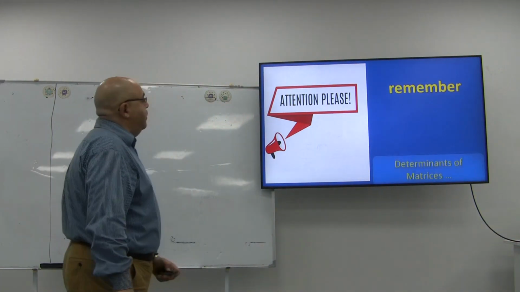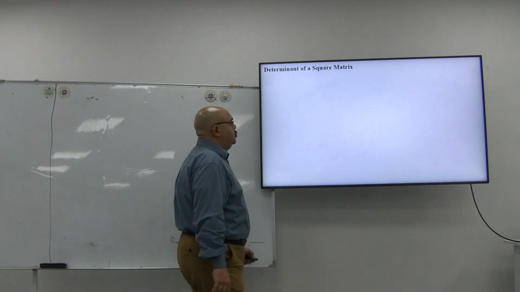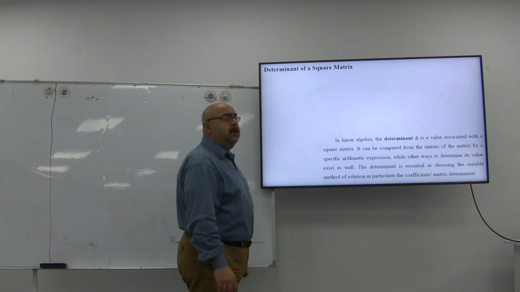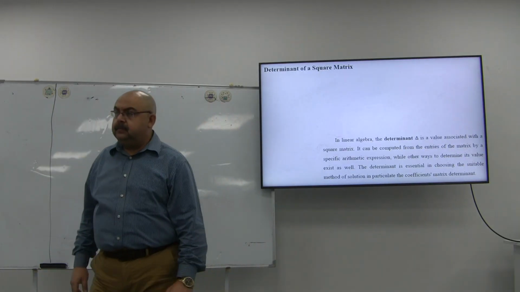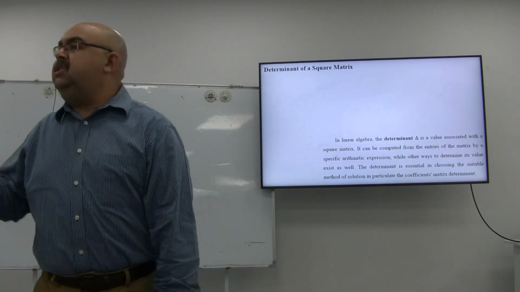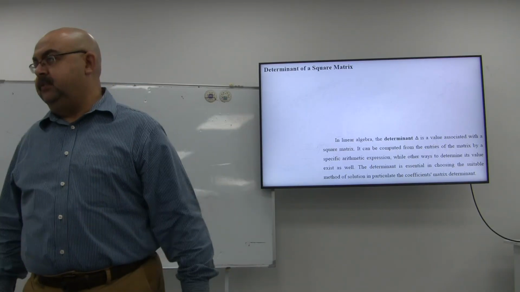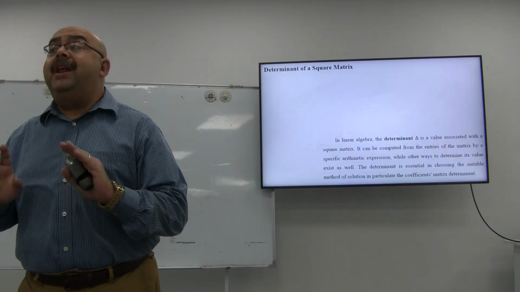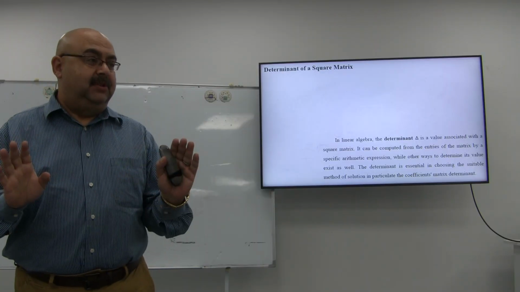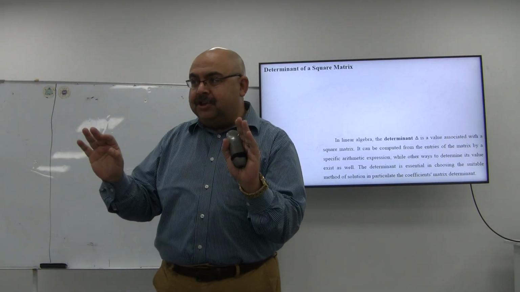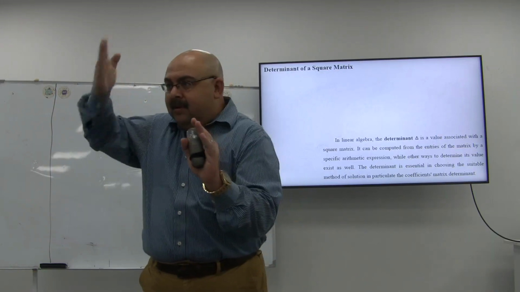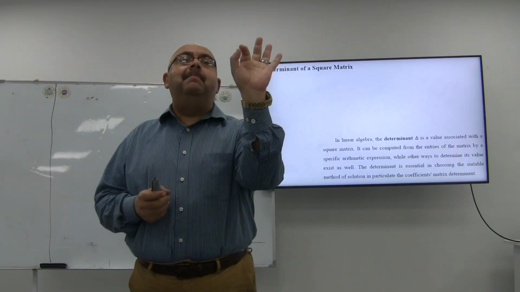Okay, remember we are going to determinants. We just spoke about them: the determinant of a square matrix. What's a determinant? What's a matrix? What's the difference between a matrix and a determinant? A matrix is just an array, an arrangement of numbers, well arranged in rows and columns.